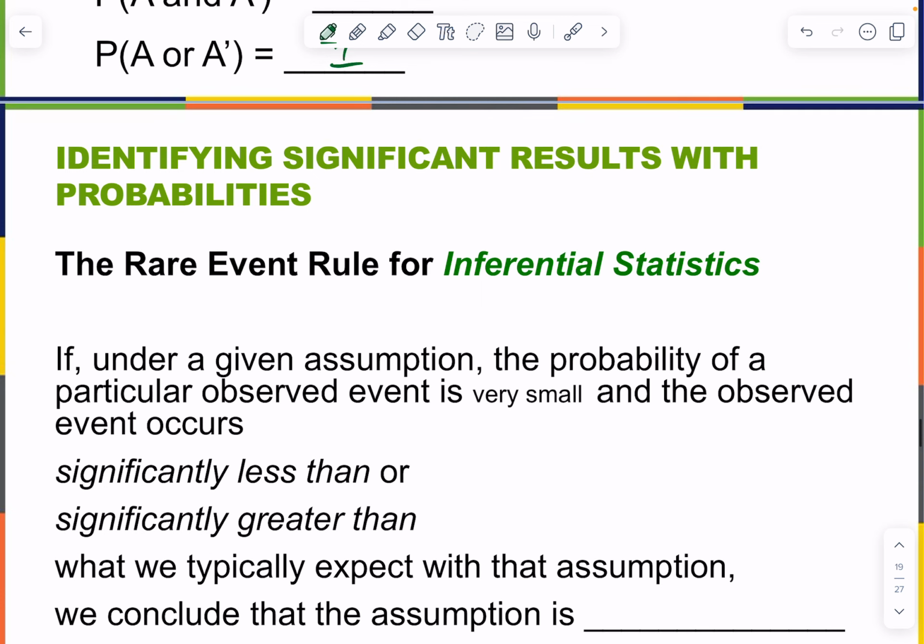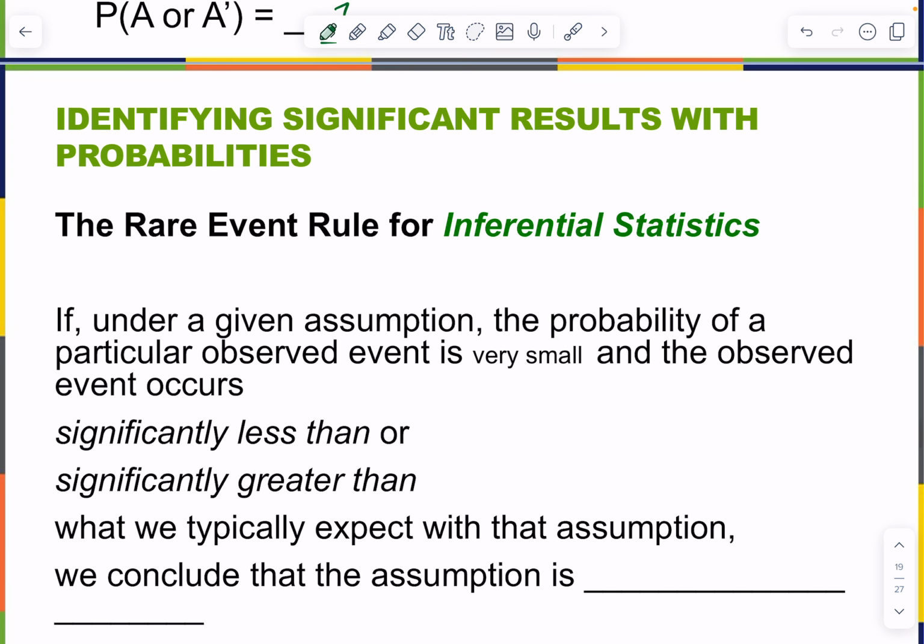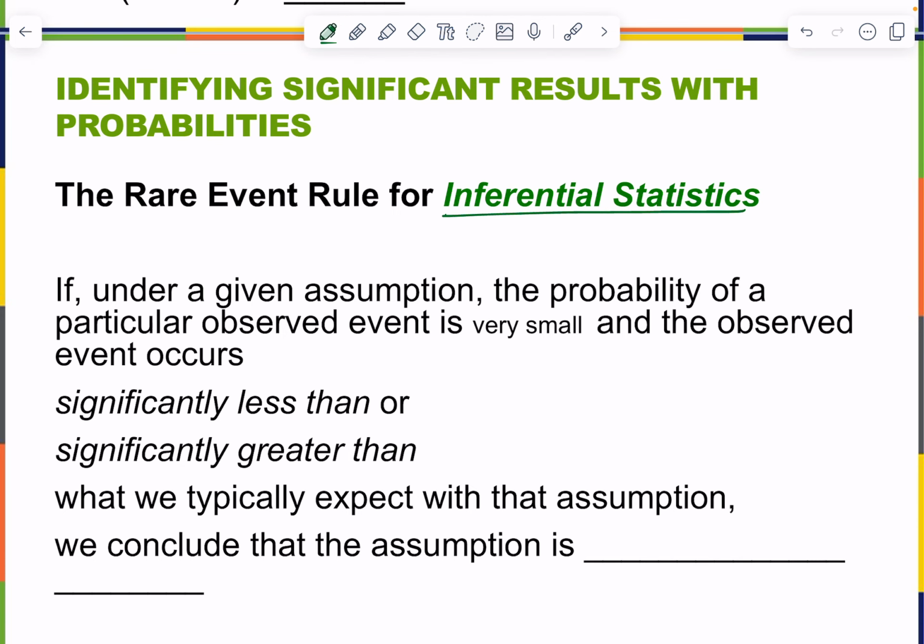Okay, identify significant results with probabilities. Now, this is super important when it comes to hypothesis testing. I can't stress this enough. This is the sort of thinking you are going to engage in quite heavily when it comes to hypothesis testing.